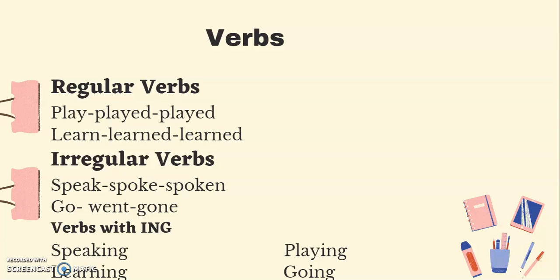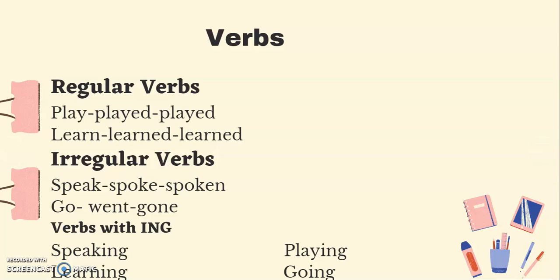The first one is regular verbs, and I have two examples. The first verb is play. Play, simple present. Played, simple past. Played, past participle. We have the other, learn, simple present. Learned, simple past. And learned, past participle.